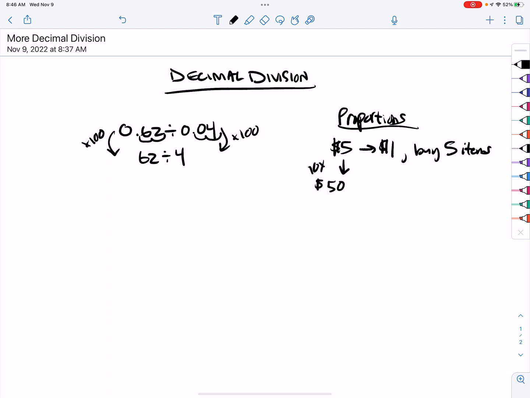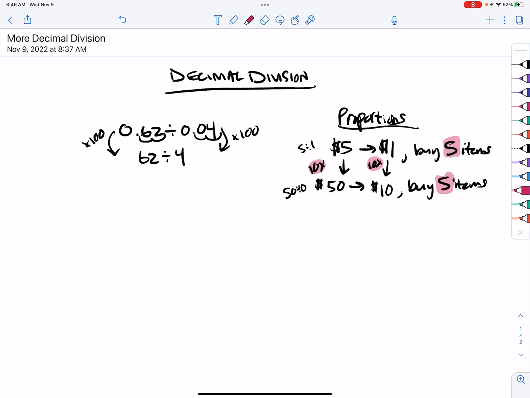So you have 50 bucks. But everything is also 10 times as expensive. So each item costs $10. You can still only buy 5 items. So even though we're technically doing 5 divided by 1 and 50 divided by 10, because these are a proportional relationship and they change by the same amount, you would get the same answer.